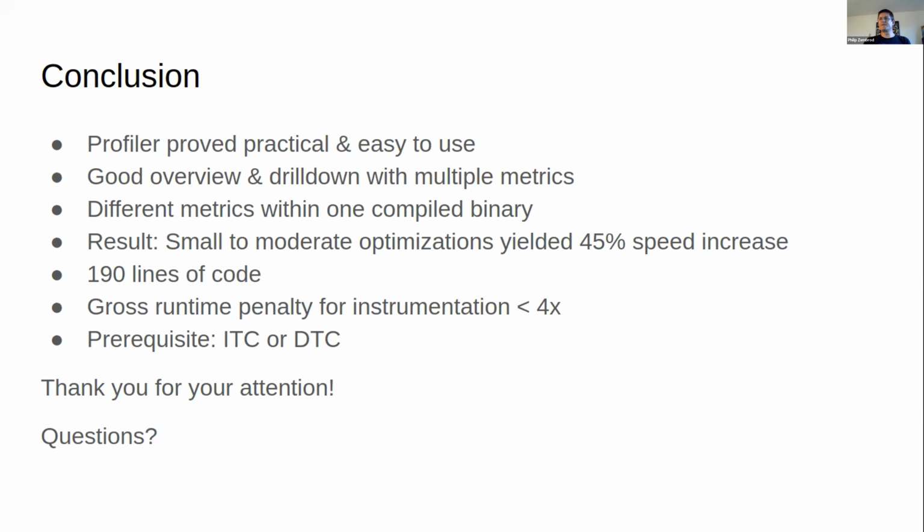The cost for running it is about a 4-fold slowdown, a bit less, so profiler instrumented, the thing runs at a bit faster than 1/4 of the standard speed. The approach needs a next routine, so ITC or DTC. For a macro, next one would probably have to patch that to actually get a subroutine. And with that, I'm through.